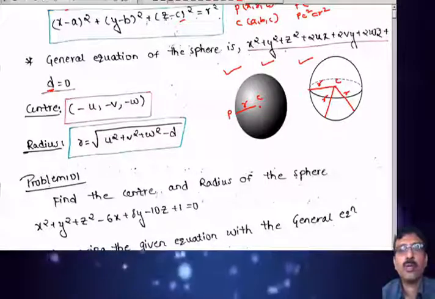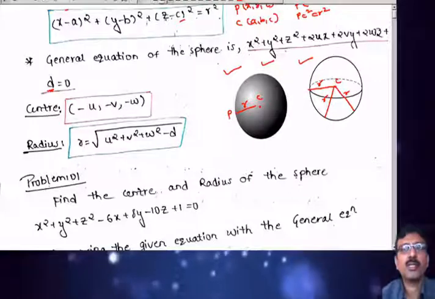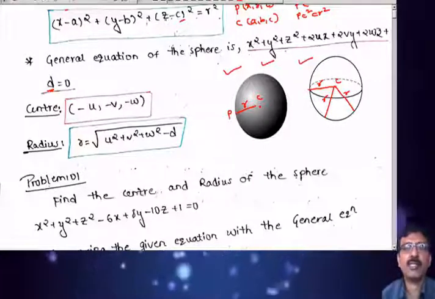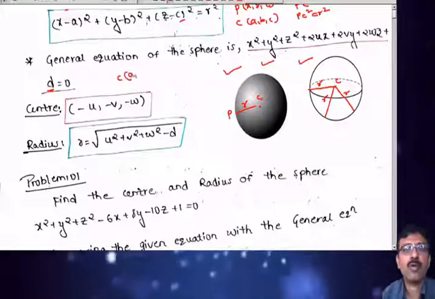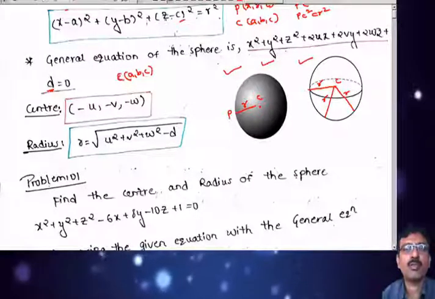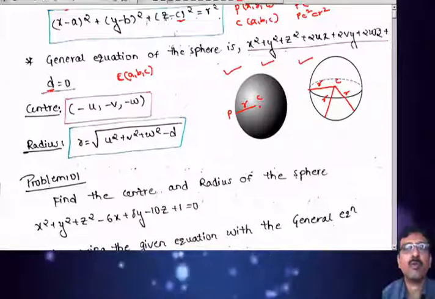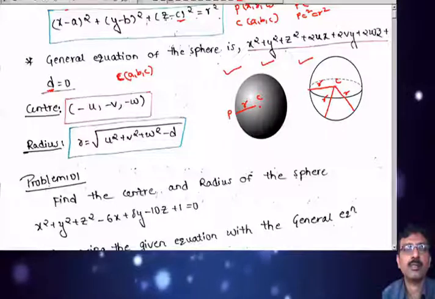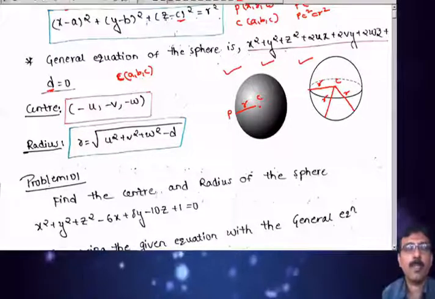I already explained that the center is (a, b, c). Here it is small c. This c is different from this C: this is small c, this is capital C. The center is denoted by capital C. Both are not the same.